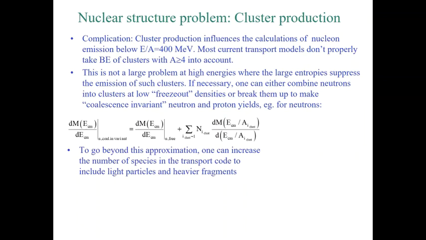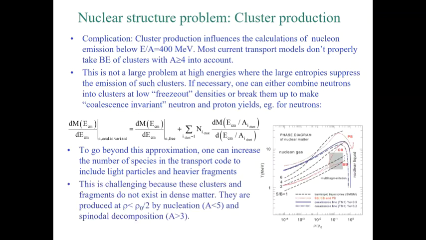But to go beyond this approximation, you can try to increase the number of species in the transport code and really dynamically calculate deuterons and things in the matter. But the problem with that is that you don't carry these particles all the way through the calculation. At high densities, above something like a third of saturation density, those clusters dissolve.